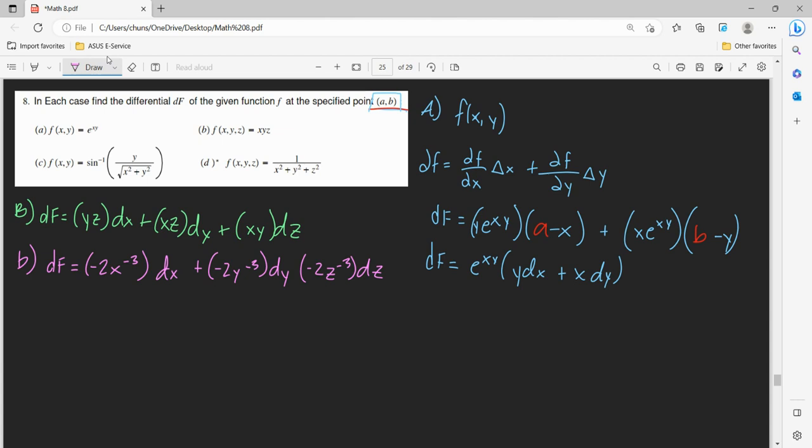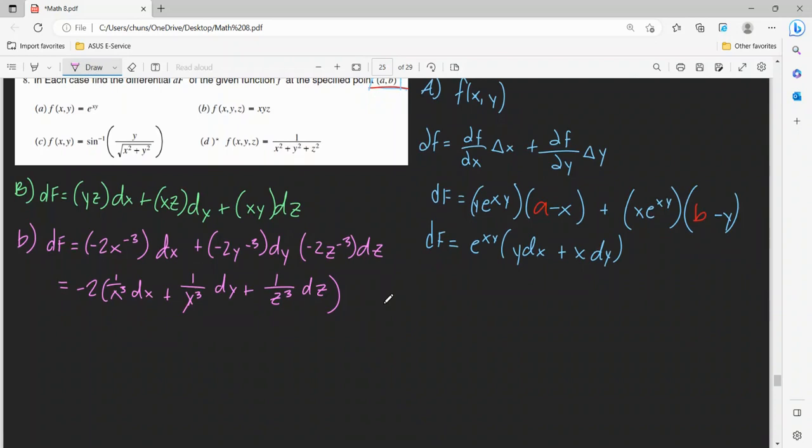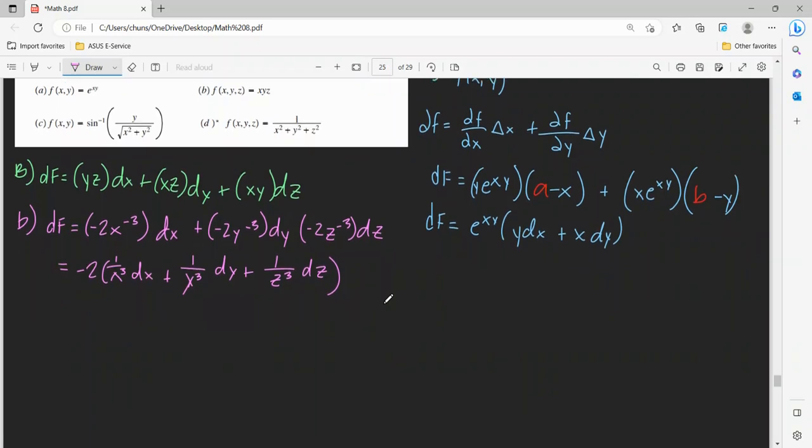Okay, and let's factor out that negative 2. It's 1 over x cubed dx plus 1 over y cubed dy, and this is plus 1 over z cubed dz. Okay, so that is this question done as well.